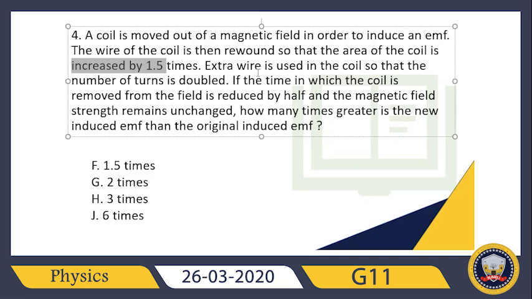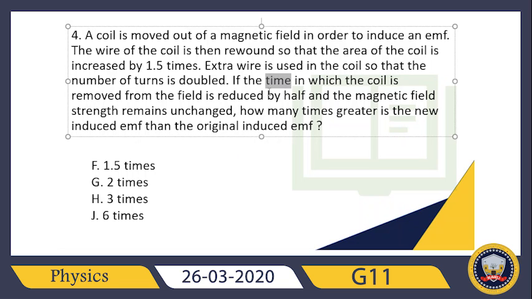Then extra wire is used in the coil so that the number of turns is doubled. So second given, the number of turns is doubled. Write it down, please. Third given, the time is reduced by half.